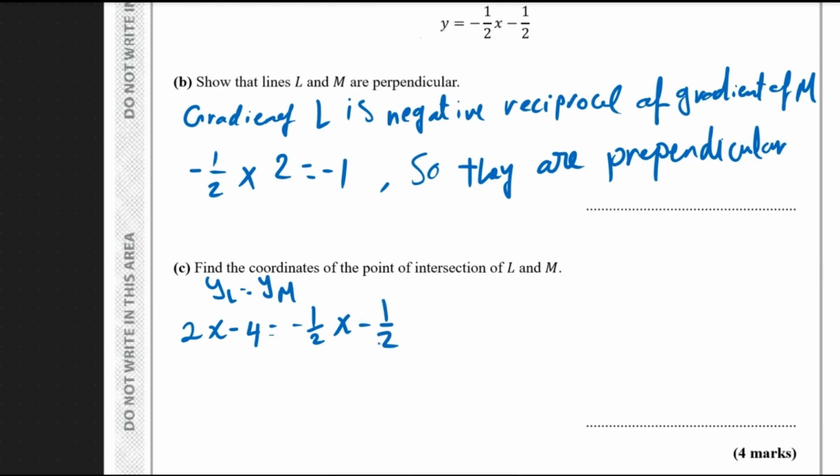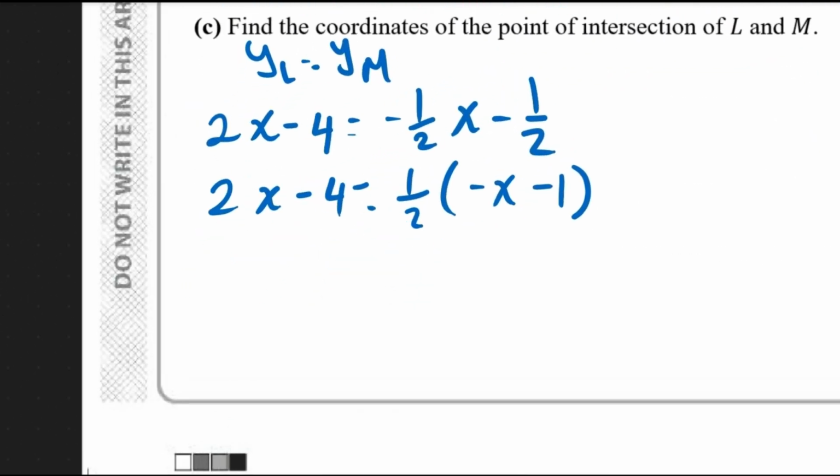We can take half as a factorization, so we can rewrite this one as half of minus x, just to make it easier afterward. And then 2 here as the bottom of the fraction, bring it over to the other side as a times. This will make the equation 4x minus 8 equal minus x minus 1.